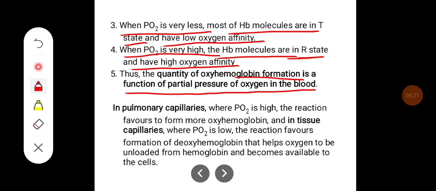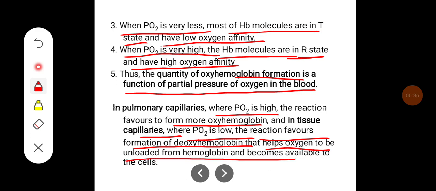In pulmonary capillaries where PO2 is high, the reaction favors forming more oxyhemoglobin, and in tissue capillaries where PO2 is low, the reaction favors formation of deoxyhemoglobin, which helps oxygen to be unloaded from hemoglobin and become available to the cells.